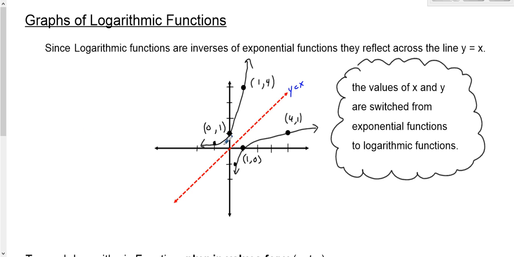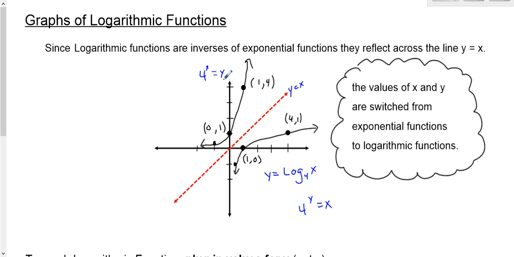If I am trying to graph log base 4 of x, y equals log base 4 of x, I could do 4 to the y equals x. And this function up here is 4 to the x equals y.